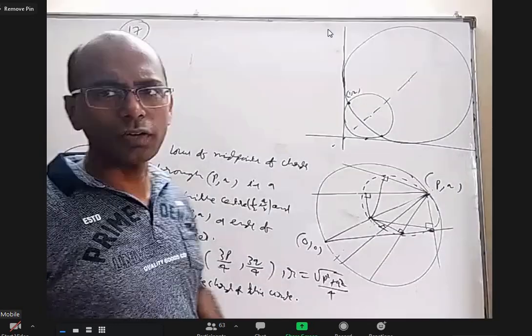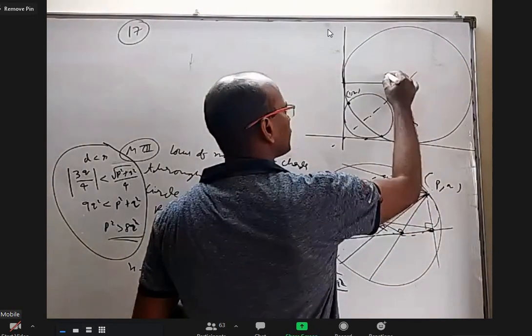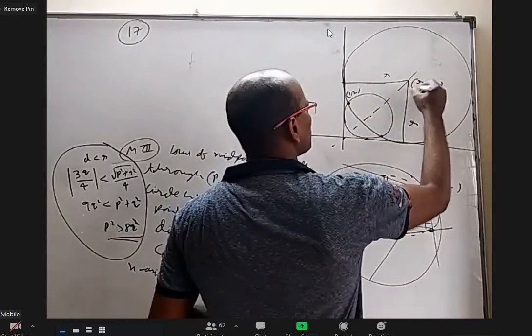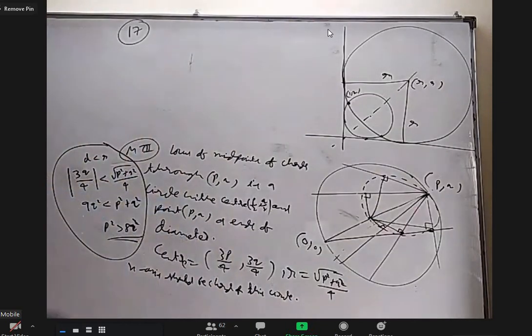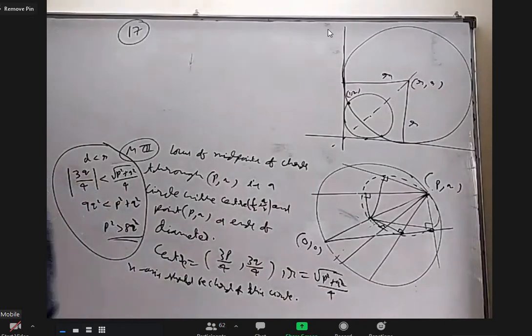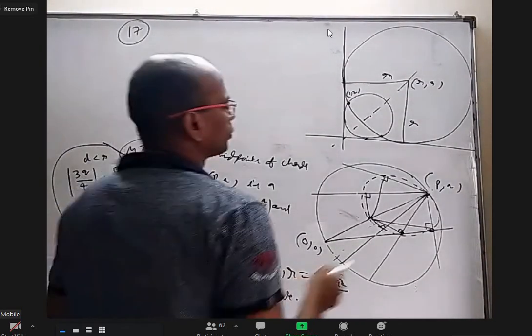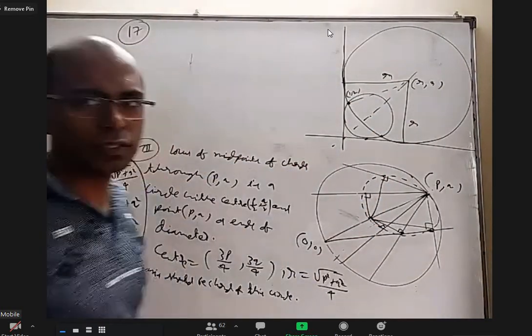Anyway, I think this is not a very difficult question, because if you take radius as r, the center has to be r comma r. Any circle in the first quadrant touching both x and y axis, if radius is r, the center has to be r comma r. Now, if this point is lying on that circle, this distance should be the radius.